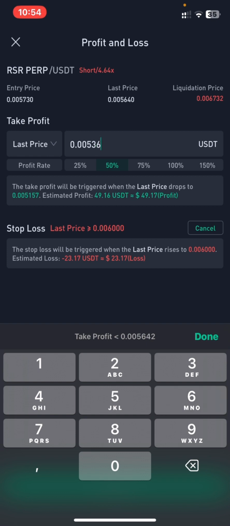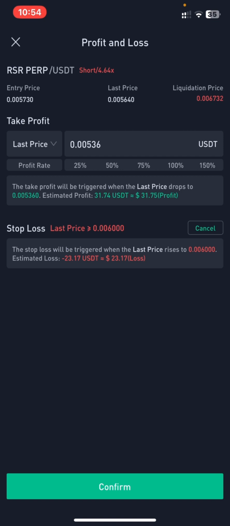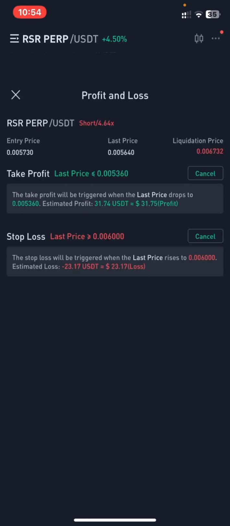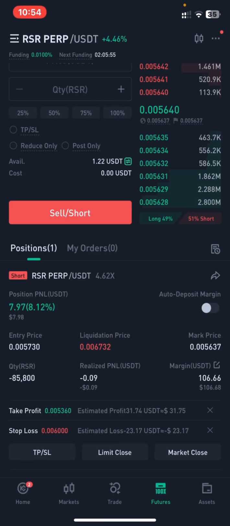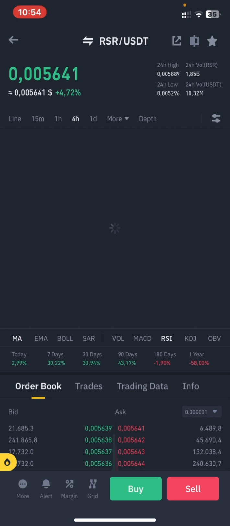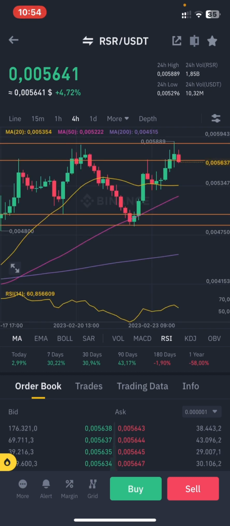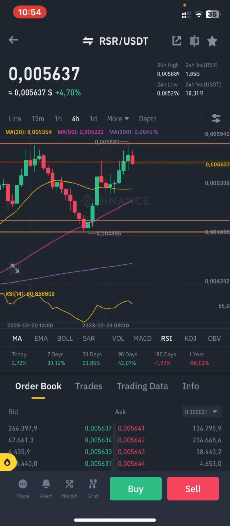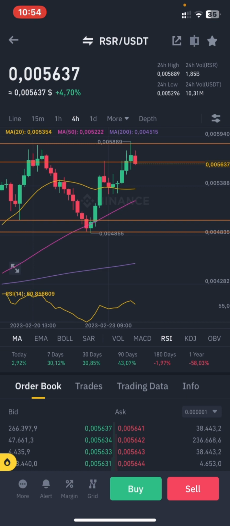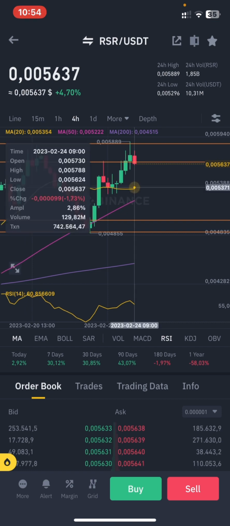That's 35. This 36 is okay like this. I'm going to press this. So I'm going to press confirm. This is realistic. Confirm. Since this support is over here, it's better to take profit over here. You take profit over here.